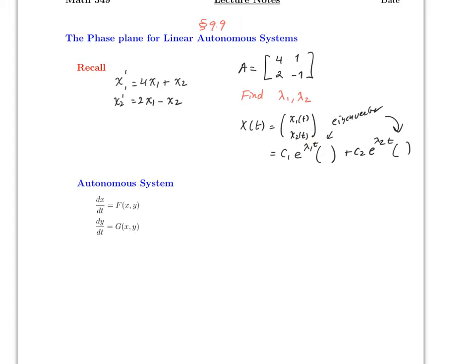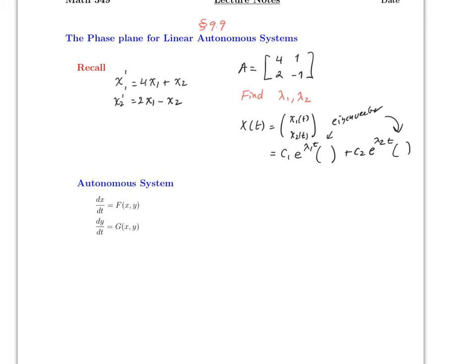This depended on whether these were real, complex, or repeated, and we only did examples where they are real, when they don't repeat, or they are complex. So you still have to do this. This is exactly still the same thing.